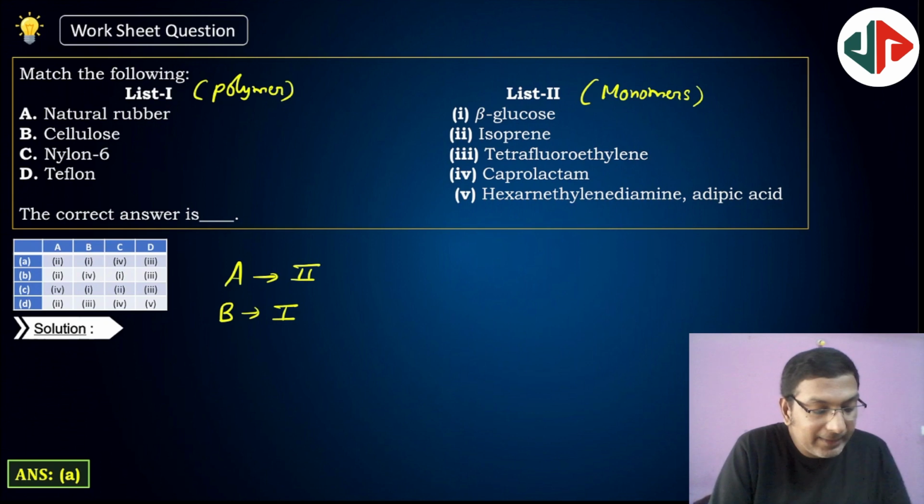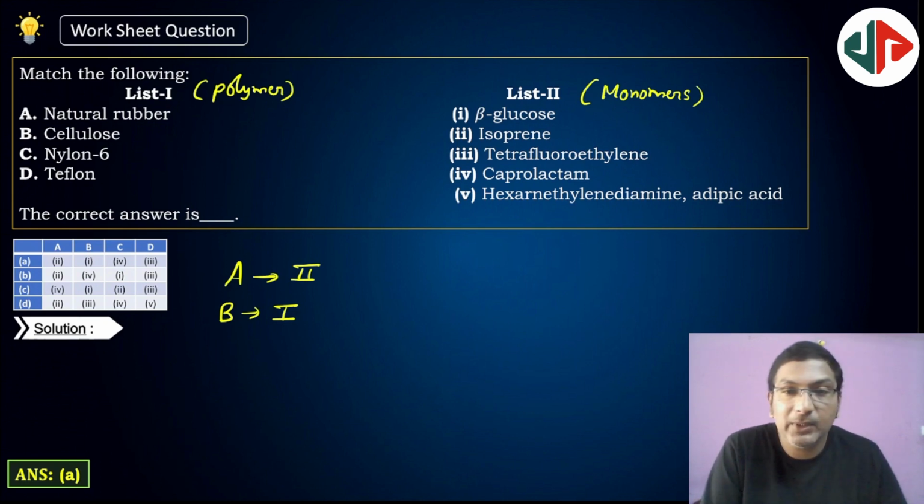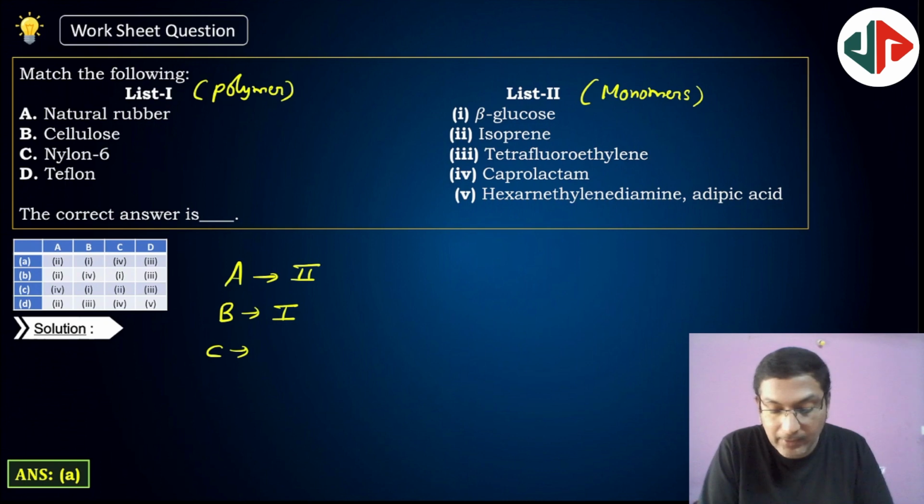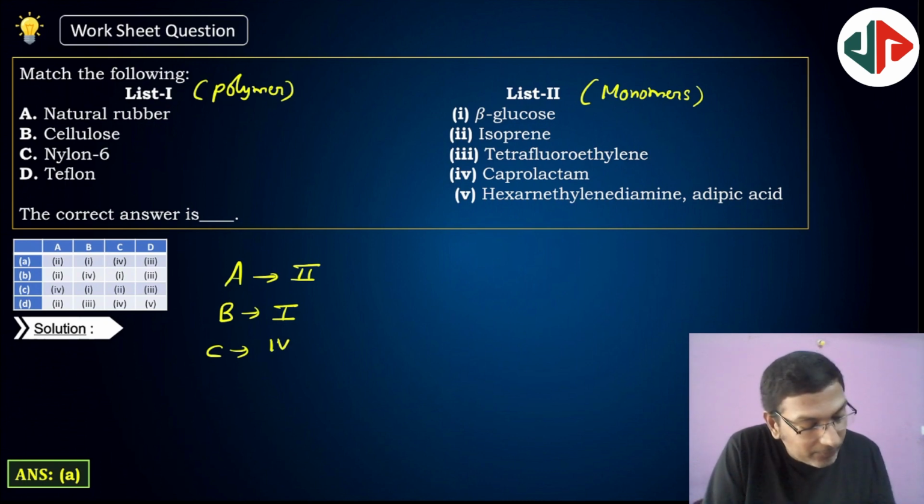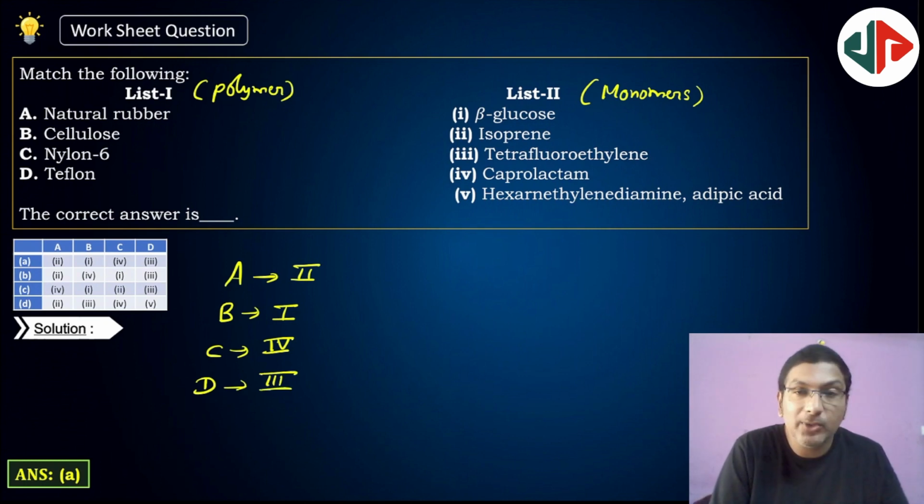So natural rubber is isoprene. 2-methyl-1,3-butadiene is isoprene, that is the monomer of natural rubber. Cellulose contains monomers beta D glucose. Next C. So nylon 6 contains caprolactam, that is 4. Next, Teflon contains tetrafluoroethylene, that is 3. So 2, 1, 4, 3 is the option. Option A. Polymers and corresponding monomers.